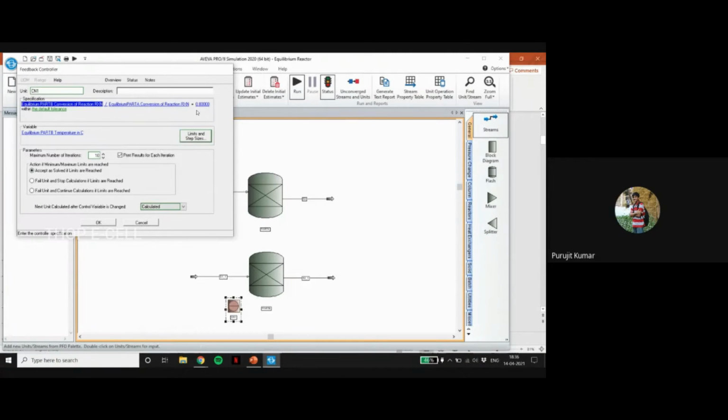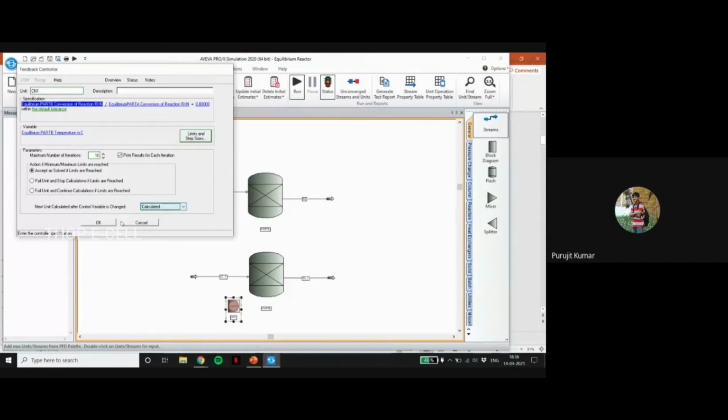So you choose what your variable is. You can even choose temperature. If you see the one below variable, it says equilibrium reactor exit stream part C. That is the variable for us. We have a ratio of equilibrium conversion of this reactor, that is the second reactor, to the first reactor, which is 0.8.